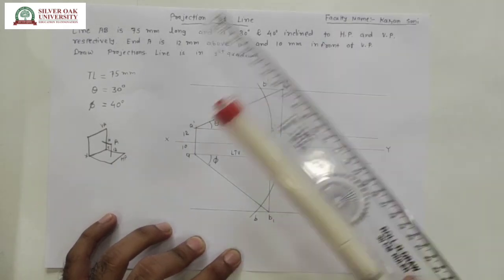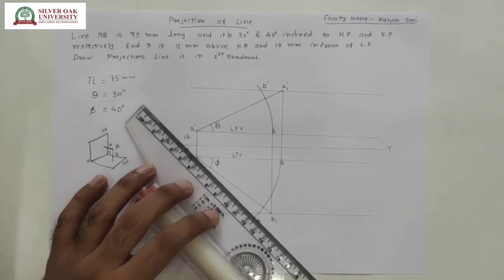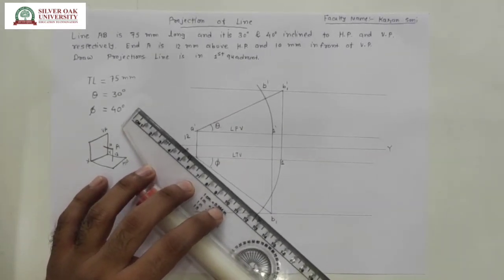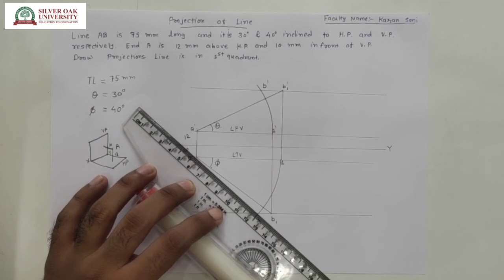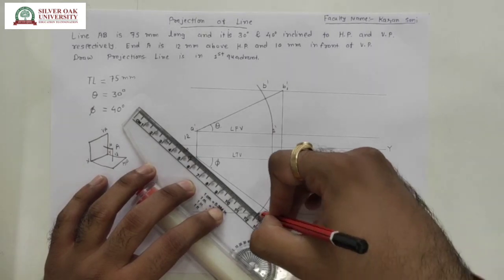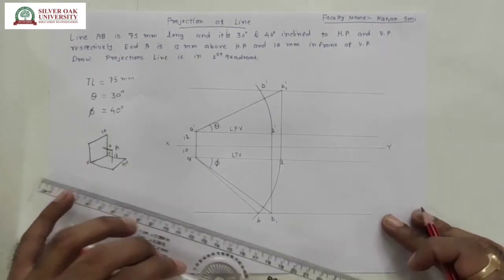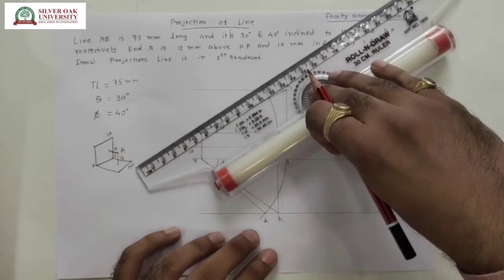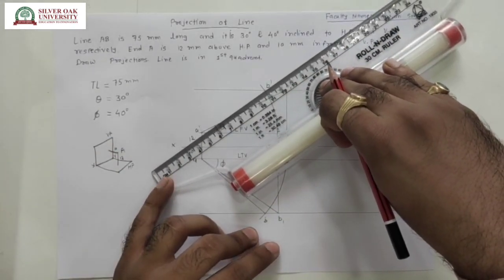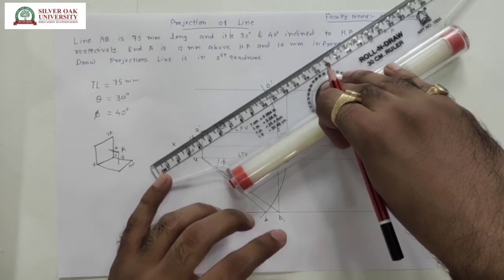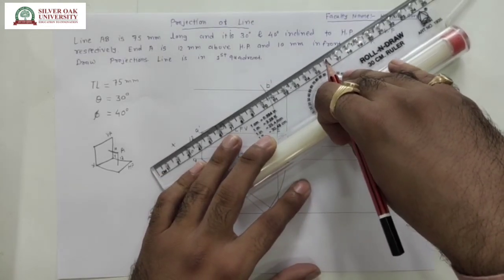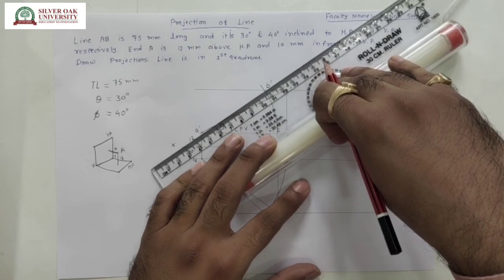So by joining these 2 points, if I am joining this point A and B here, so this is our top view. And same from A dash and B dash, if I am joining these 2 end points, this is our front view line.